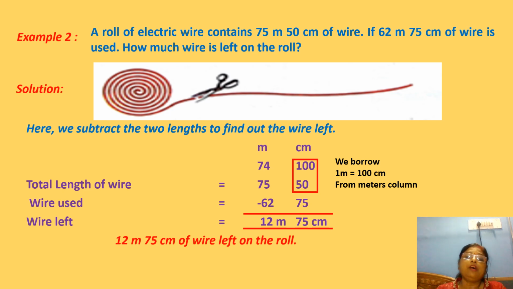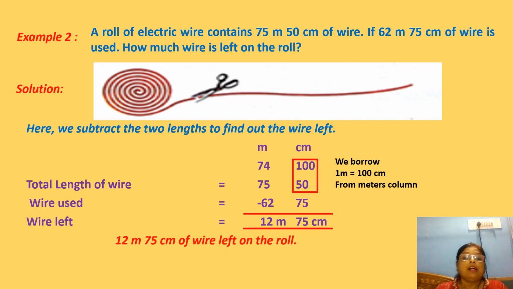The total length of the wire is given, and from this length we are using only 62 meter 75 centimeter of wire. So what is the length of the wire left on the roll? We have to find out. The solution is given here.